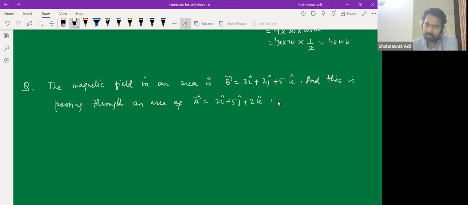This is meter square, and this is Tesla. So find the magnetic flux. Quickly calculate and tell me the answer.